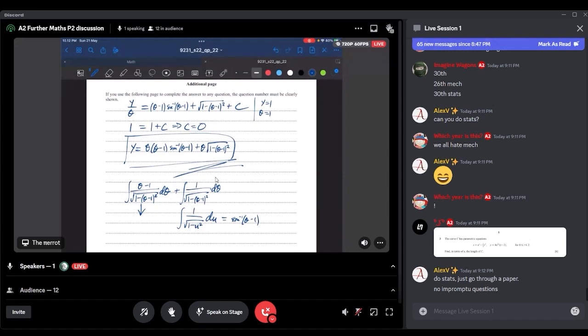Okay, so Mr. Lenny Face. Curve C has parametric equations. Find in terms of e the length of C. So parametric equations.